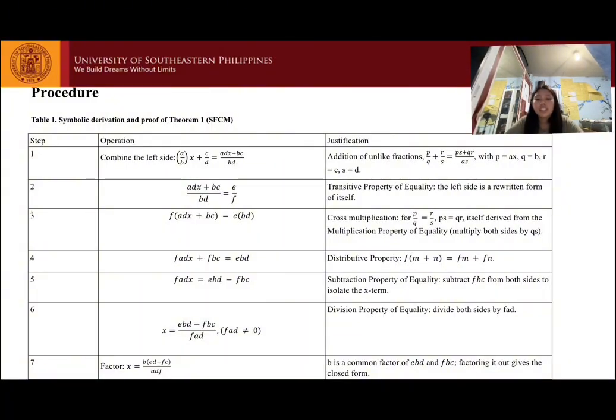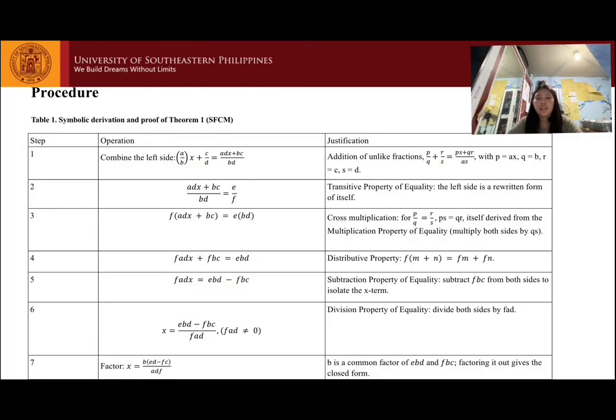This simplifies the equation while still preserving the equality. For step 4, we apply the distributive property. The multiplication obtained from the cross multiplication is expanded so that every term is written separately. This transforms the equation into a standard linear equation.